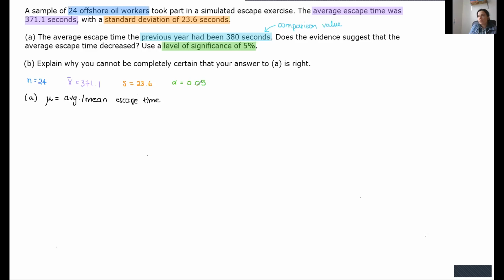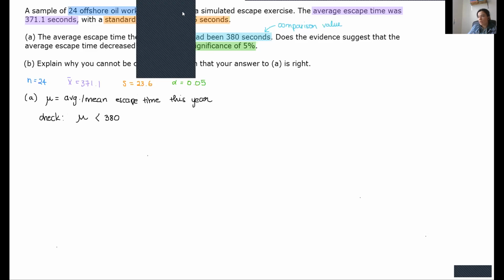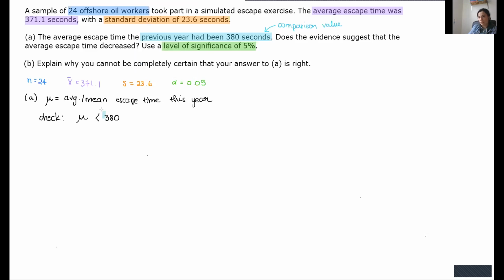And what I'm trying to check, determine, prove, is whether mu, which is the average escape time this year, has decreased from last year, so is smaller than the time from last year, and the time from last year was 380, which means that that value of 380 is the comparison value that I'm going to be comparing my mean to.